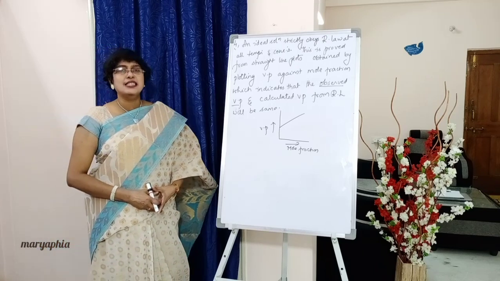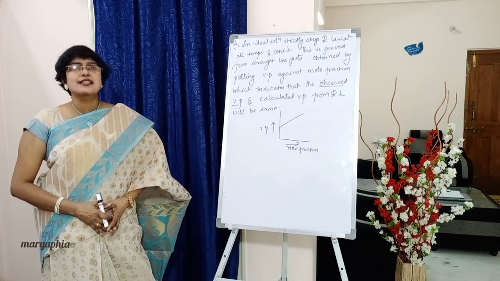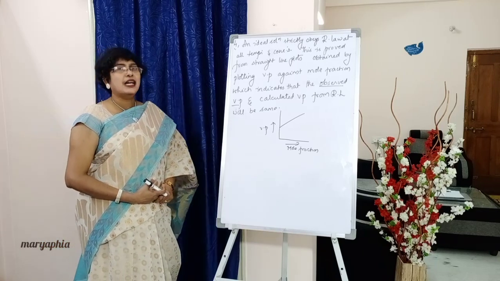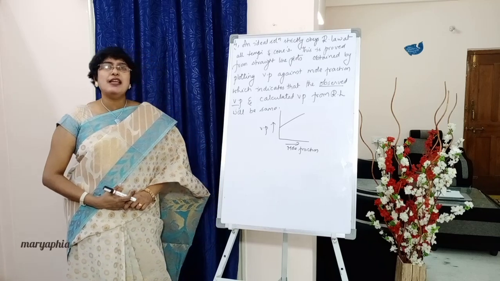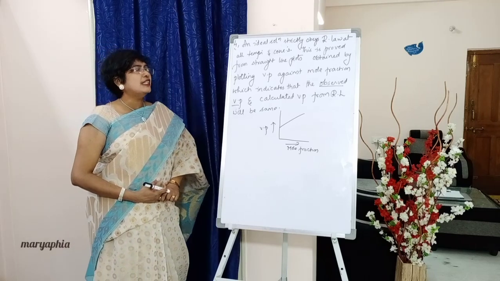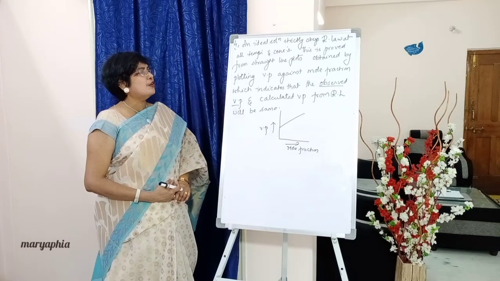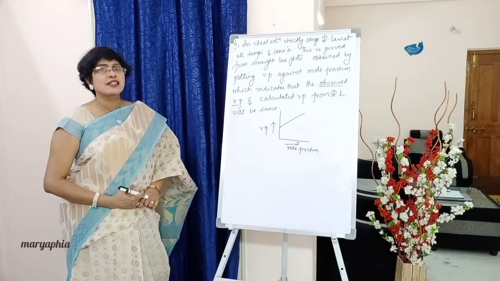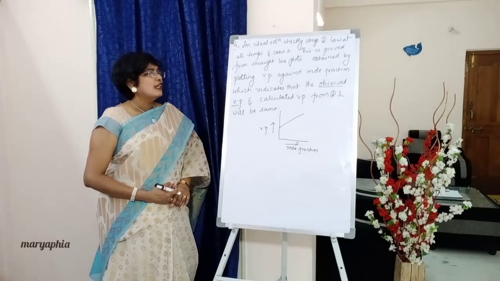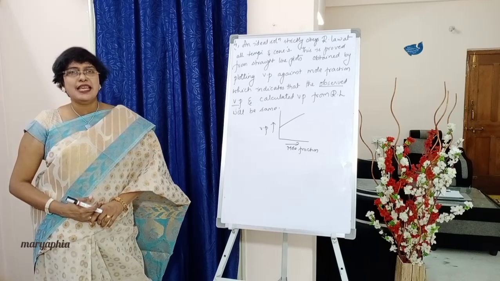This is evidenced or proved from the straight line plots obtained by plotting vapor pressure against mole fraction, which indicates that the observed vapor pressure and the calculated vapor pressure from Raoult's law will be the same.